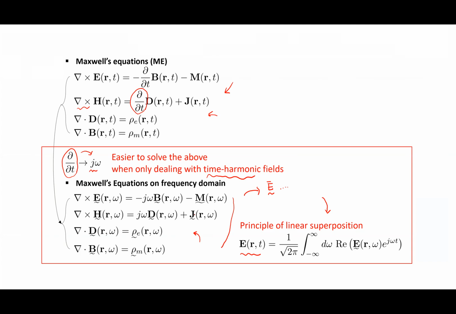Maybe you're familiar with the phasor technique concept from circuit theory, so it's not going to be too difficult. You may need to be familiar with the conversion between the time and the frequency domain in this course.